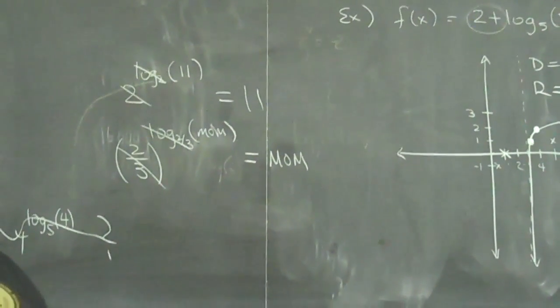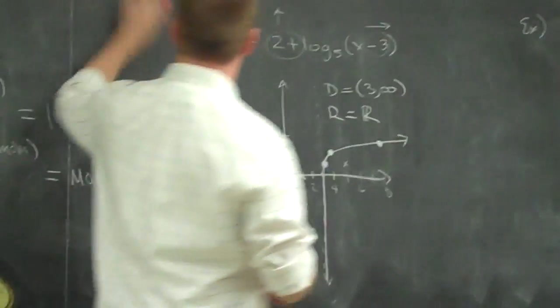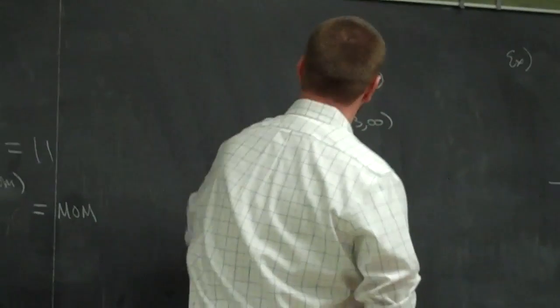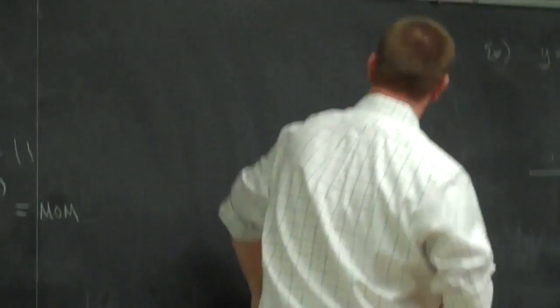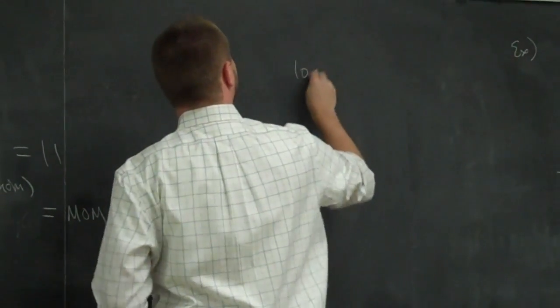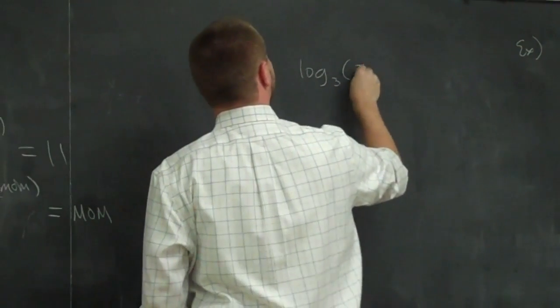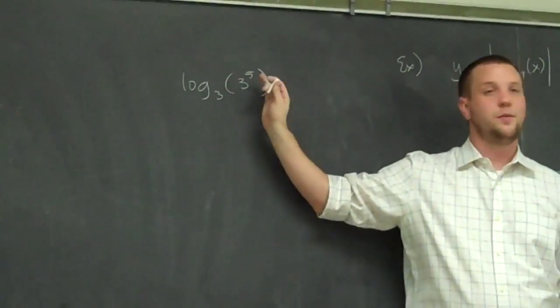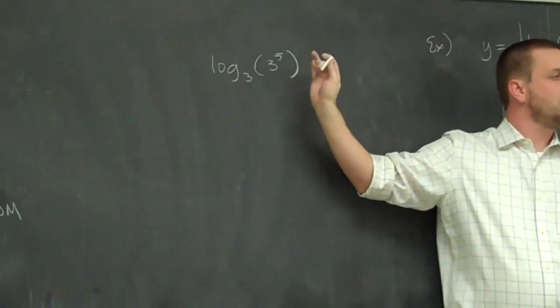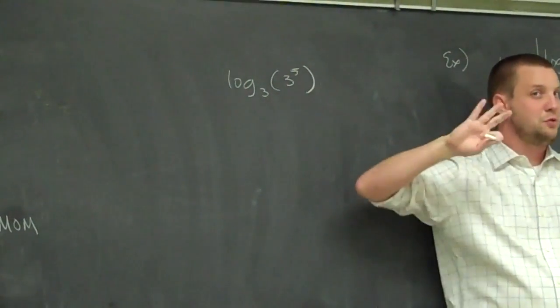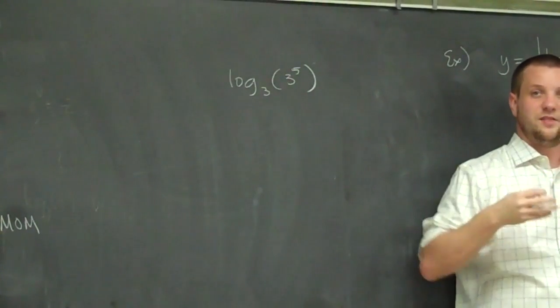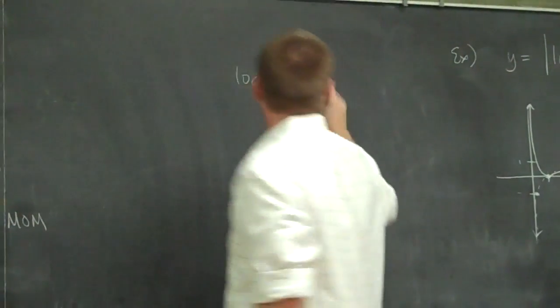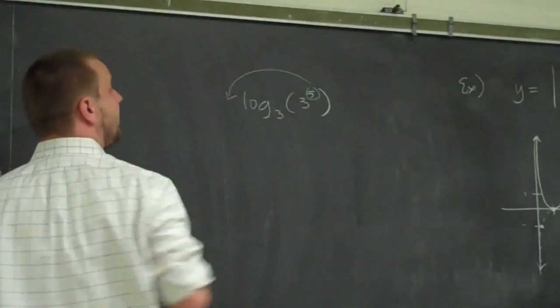Alright, here's another way of thinking about it. And you may not remember this because I told you it wasn't a big deal, and it's still not a big deal, but it's a different way of thinking about this. Let's go back to the first one, the log base 3 of 3 to the 5th. That's me taking the log of something with an exponent, right? And one of our properties, in fact, the crown jewel of the properties, the one that I love the most, says I can take that exponent and bring it out front as a coefficient.